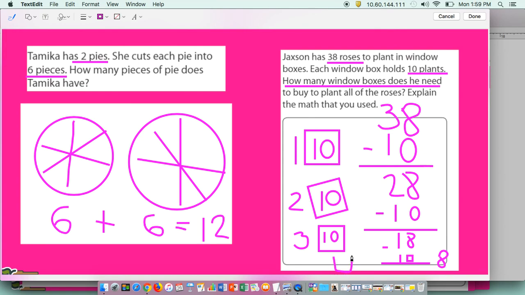We can't leave those roses without a box. Even though 10 fit in there, we can still put 8. So the total will be 4 plant boxes.